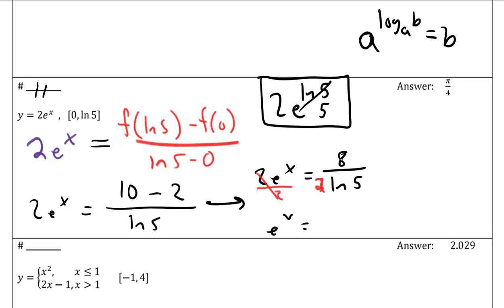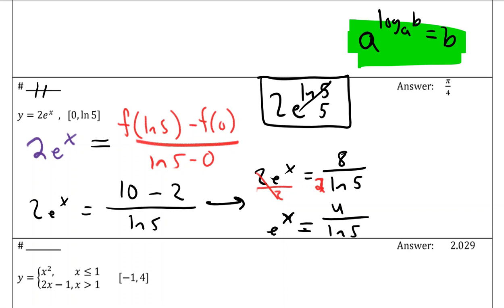Okay, and then I can reduce this. 8 over 2 would be 4. Okay, so we needed this logarithm property to help us evaluate. So you will see that again at some point. I'm not saying on this next test or anything, but it will show up again. So if you don't know that, add it to your list of things to study.